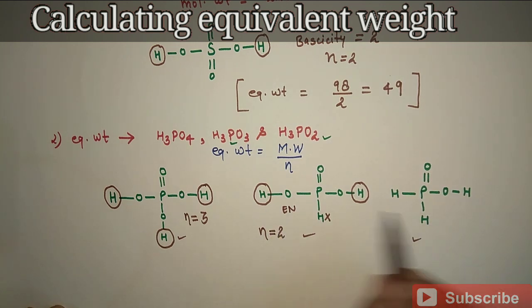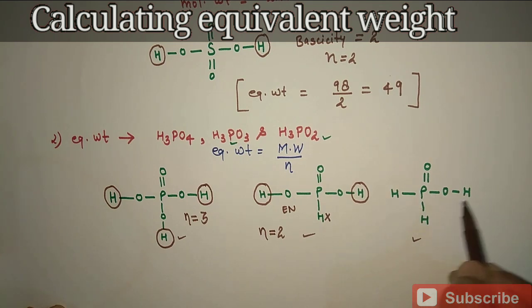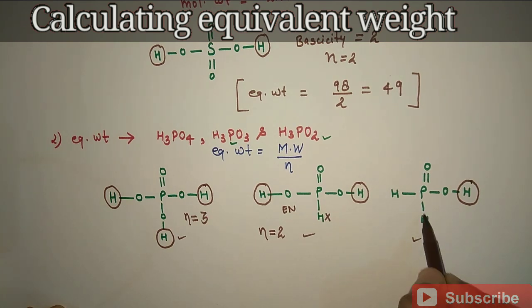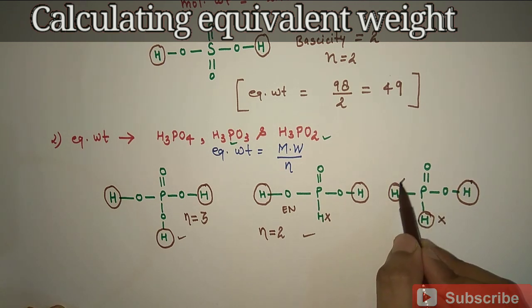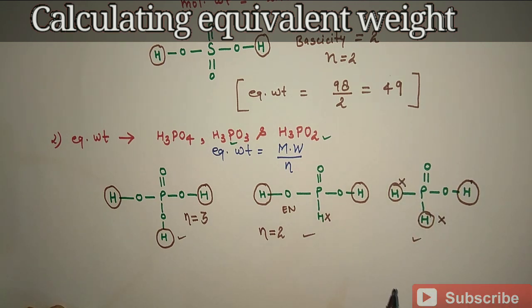Now let's talk about H3PO2. In this case there is only one hydrogen which can be replaced, because these two hydrogens are not attached to the electronegative oxygen atom. That's why they cannot be replaced. So only one replaceable H plus ion is present in H3PO2, so its equivalence factor or basicity will become 1.